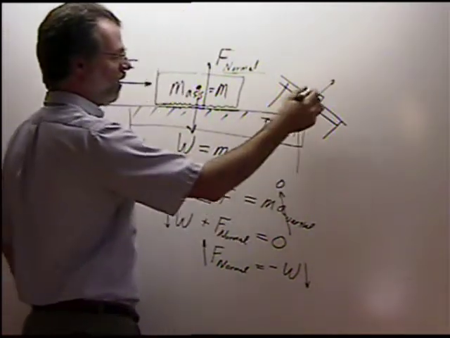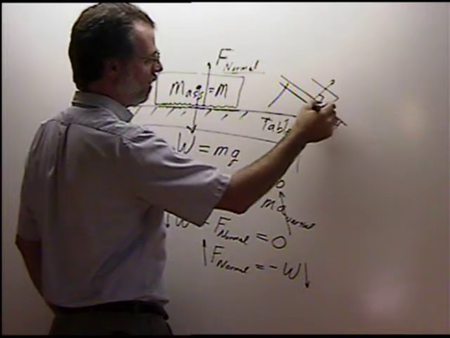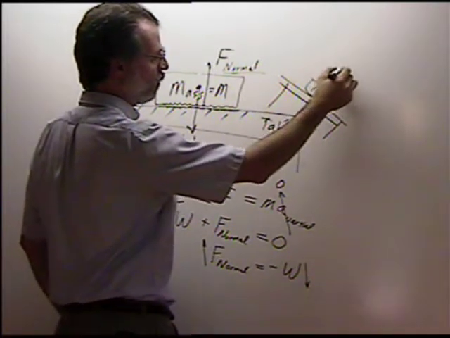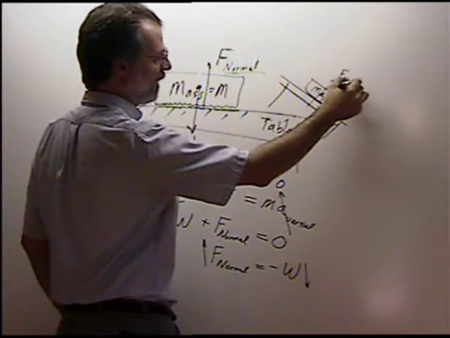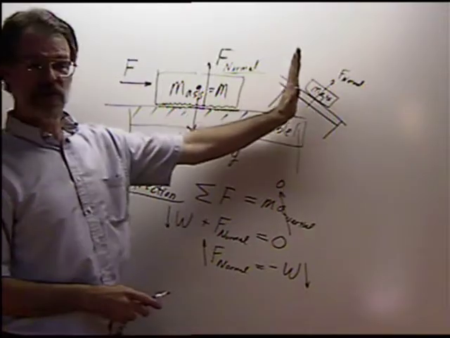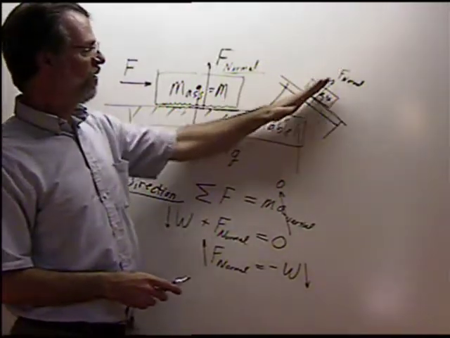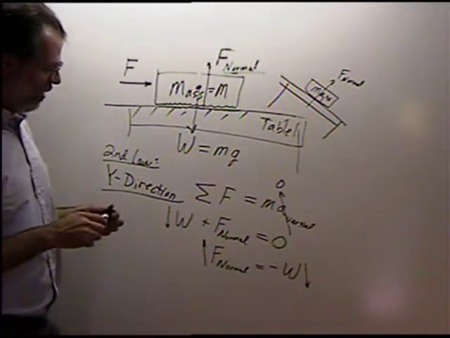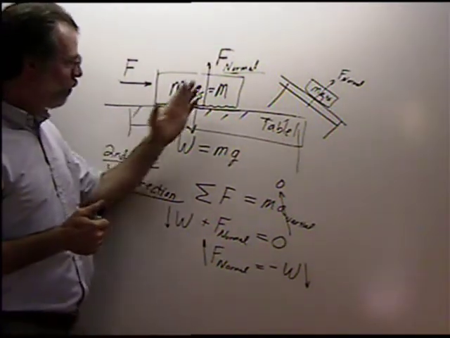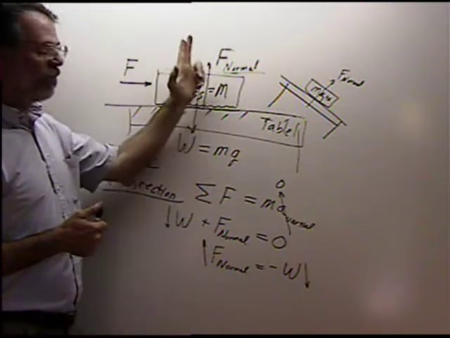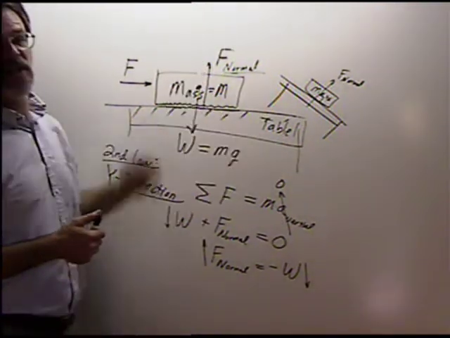If you had a mass sitting on a tilted table, the normal force would act perpendicular to the surface at that angle. It's not vertical anymore. It's tilted because it's normal to the surface. So the normal force is always defined as a force acting perpendicular to whatever surface you're on.